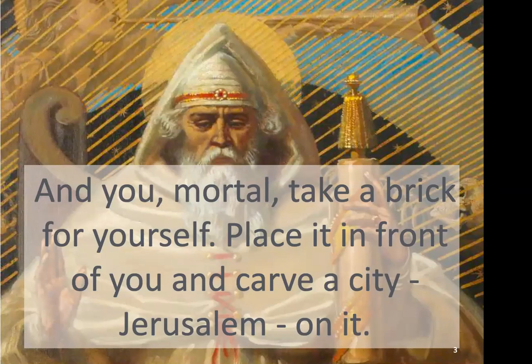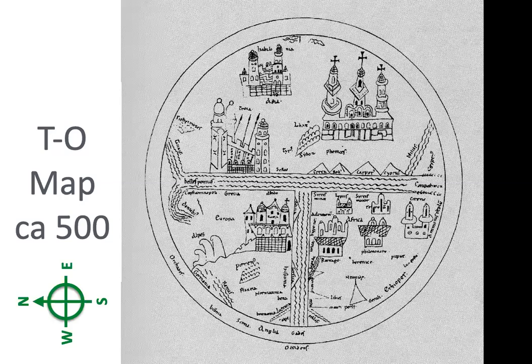The earliest maps that we know of in the world are called TO maps. They're called TO maps because they're circular, and that's the O. And you can see there's a T shape inside the O. They represent what was seen as three continents.